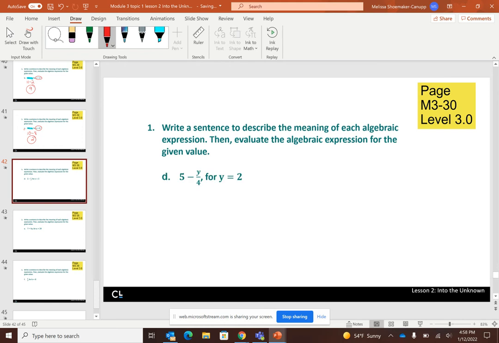Now, some of these get kind of hard with the math. So on D, I'm going to explain to you this right here is division. And honestly, that's a little bit tricky because you put a 2 in there and it doesn't work out too even. So I'm going to change this to an 8. I'm going to help you set that one up.